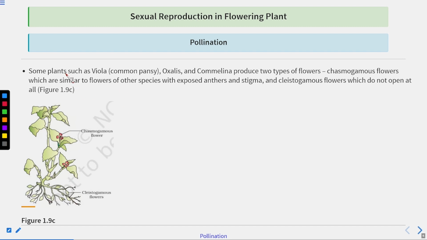Now here, some plants such as viola, which is known as common pansy, oxalis, and commelina, produce two types of flowers. Chasmogamous flowers are similar to the flowers of other species with exposed anther and stigma. Here the flowers remain open, and the anthers and the stigma are exposed to the external environment.